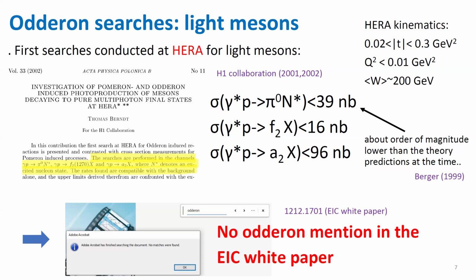And this Odderon search, to my best understanding, was dropped at HERA. Then if you go 10 years later, in the EIC white paper, there is no mention of the Odderon. So of course, in our opinion, the Odderon should be considered, and this is what we want to advocate.